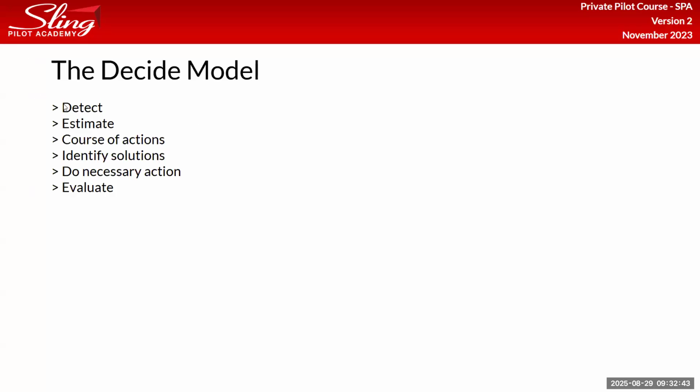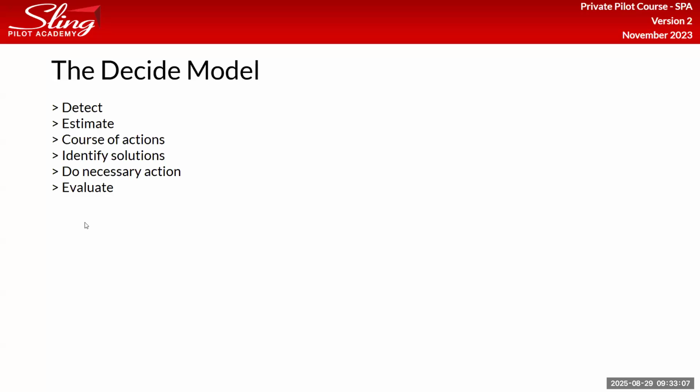You're first detecting the hazard, you're estimating the amount of risk it's contributing to your flight. You're coming up with a course of action to mitigate this risk or hazard. You're identifying solutions to the hazard, and you're doing the necessary action and evaluating the risk again afterward.